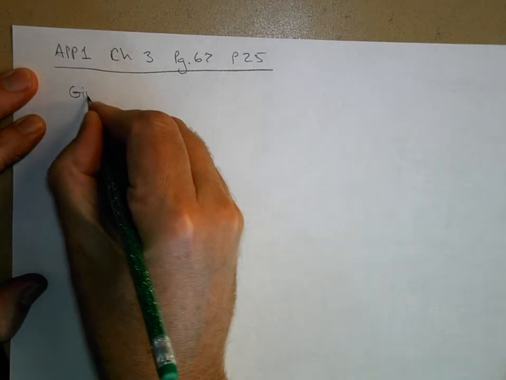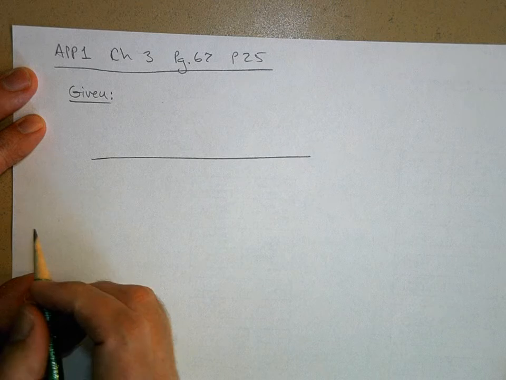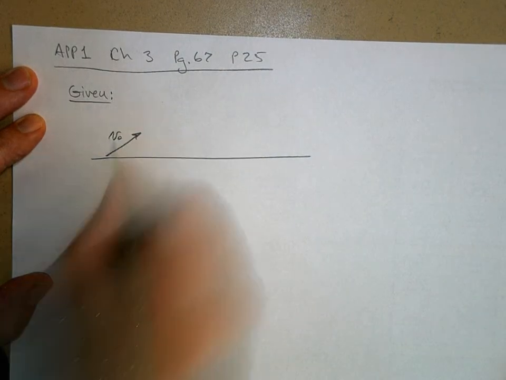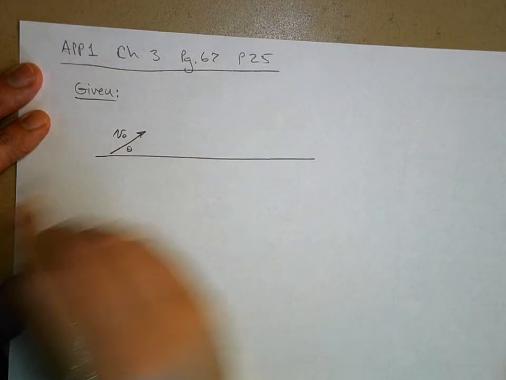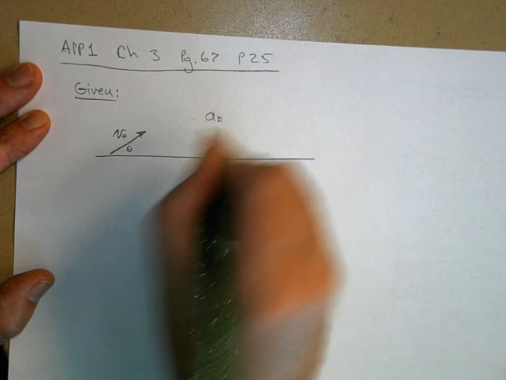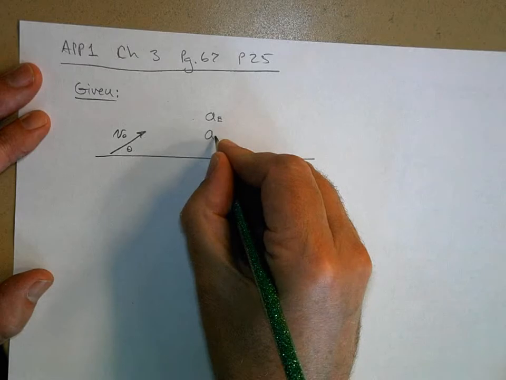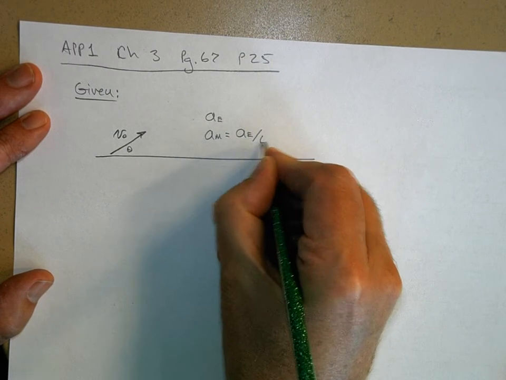Here's given. So this is the same picture on the moon or on the Earth. We're going to launch with a certain initial velocity, and we have a certain launch angle. Now, we know that the acceleration on the Earth, I'm going to call that a sub e, and the acceleration on the moon is equal to a sub e divided by 6.